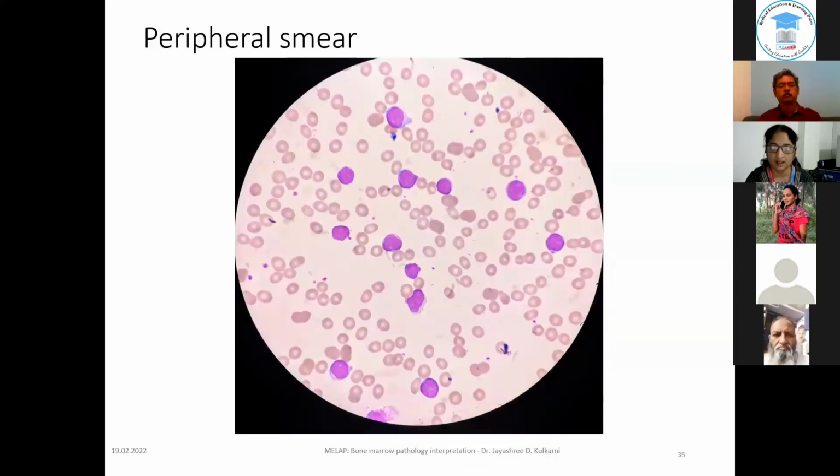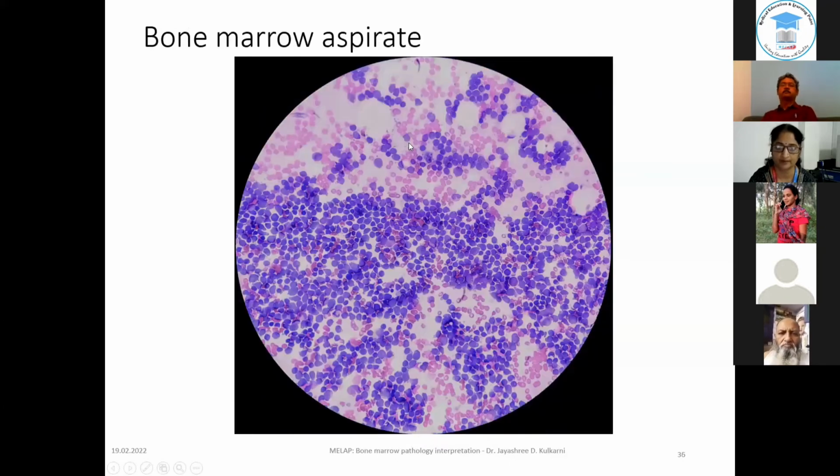Very thin rim of cytoplasm, inconspicuous nucleoli or occasional prominent nucleolus, but you can see the cytoplasm which is showing a hand mirror-like appearance.